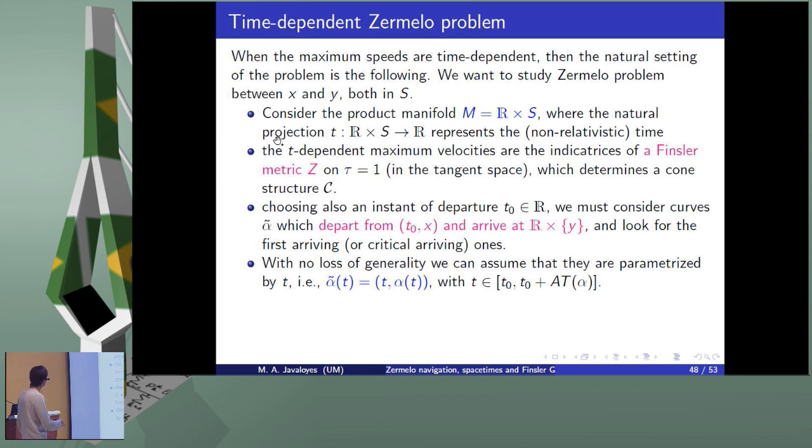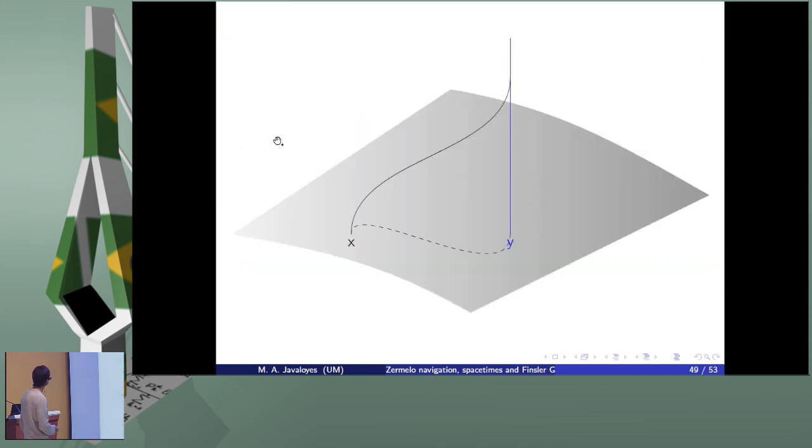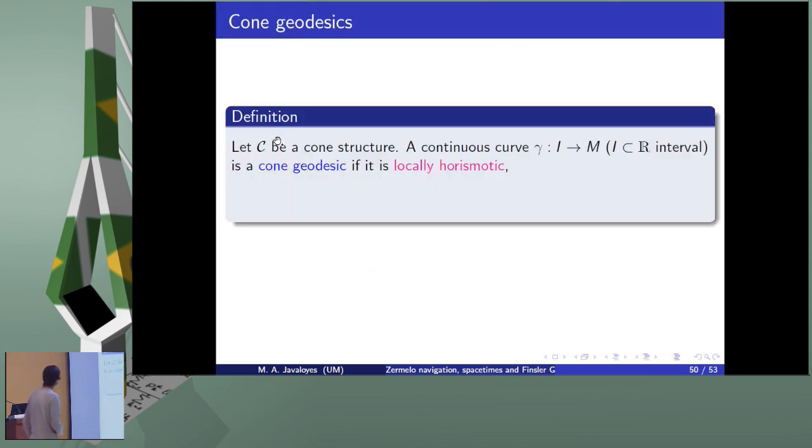So basically, what we have to do is to consider light-like curves. I think that here I have a picture. A light-like curve from x to y, in such a way that the cone is tangent to the curve at every point. It's a light-like curve. So we have to find the minimizers of this.